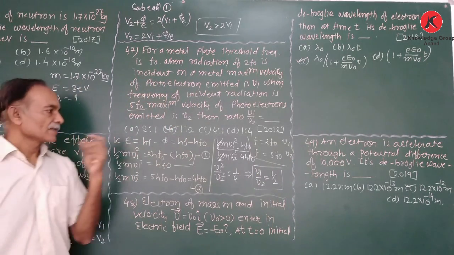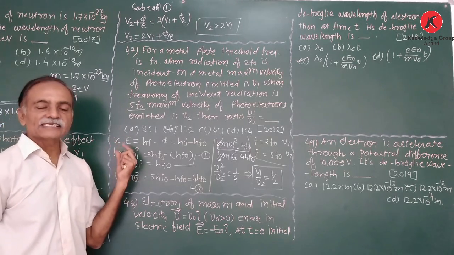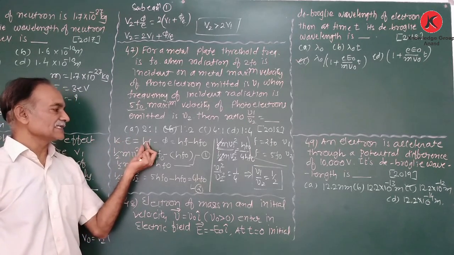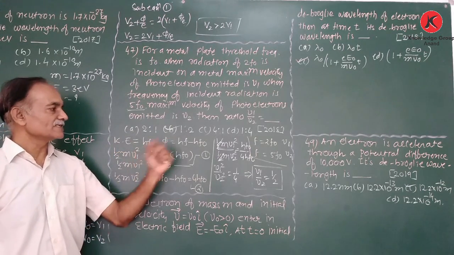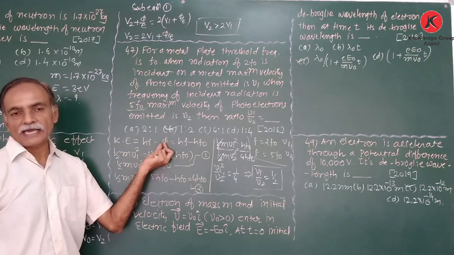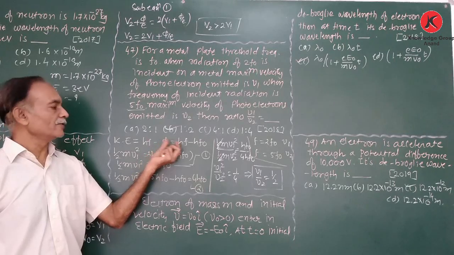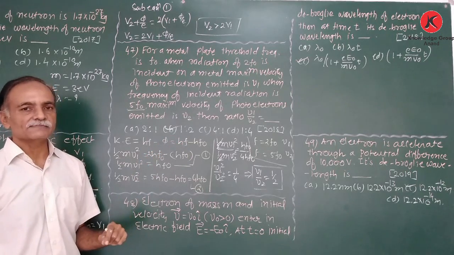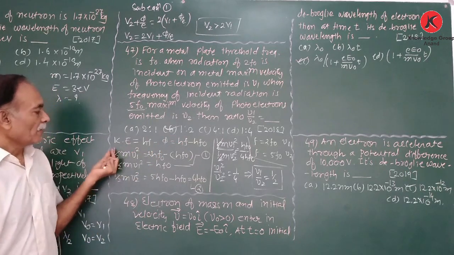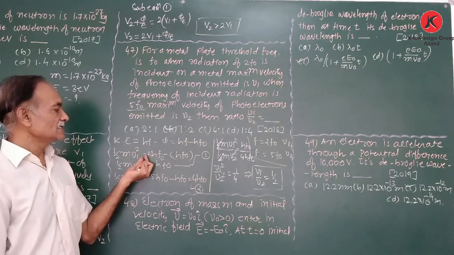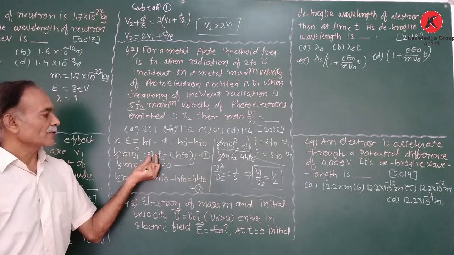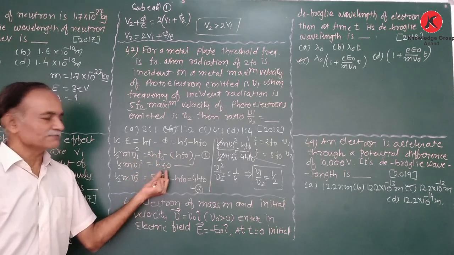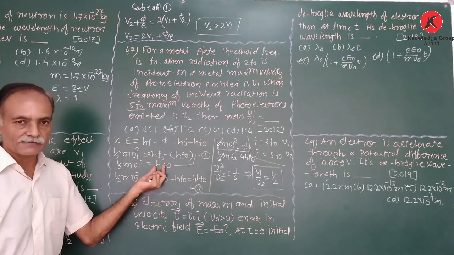Now listen, from Einstein's equation, the maximum kinetic energy is equal to hf minus phi. The threshold frequency is f0, therefore instead of phi we substitute hf0, so hf minus hf0. Therefore, half m v1 square is equal to, here the frequency is 2f0, so 2hf0 minus hf0, the subtraction is hf0.